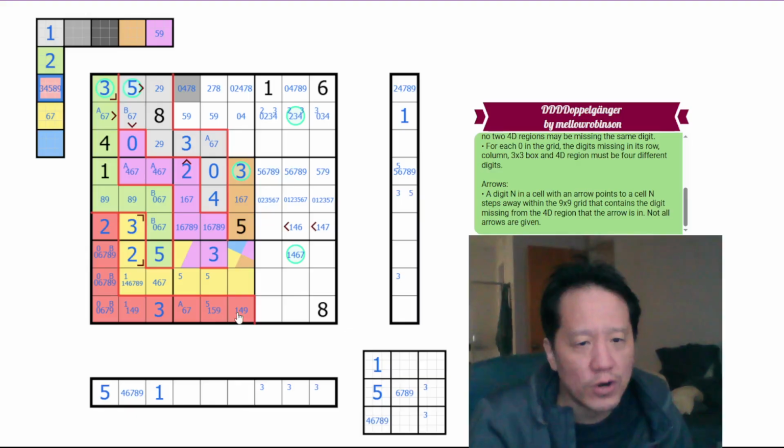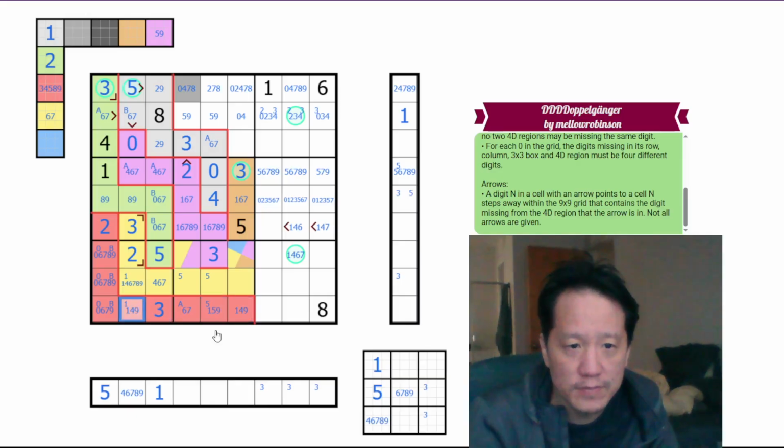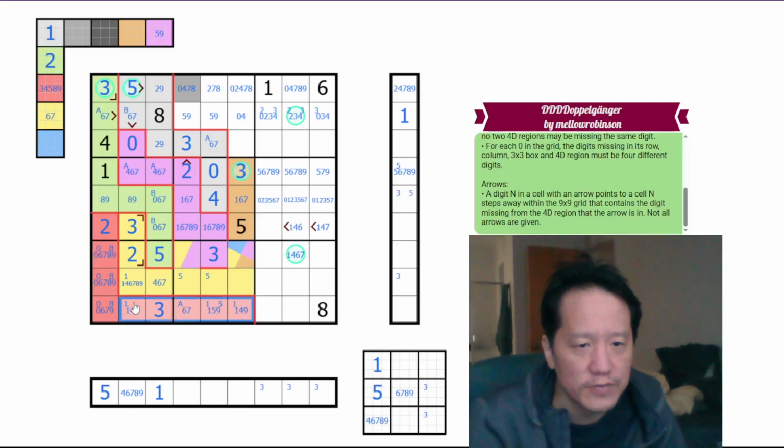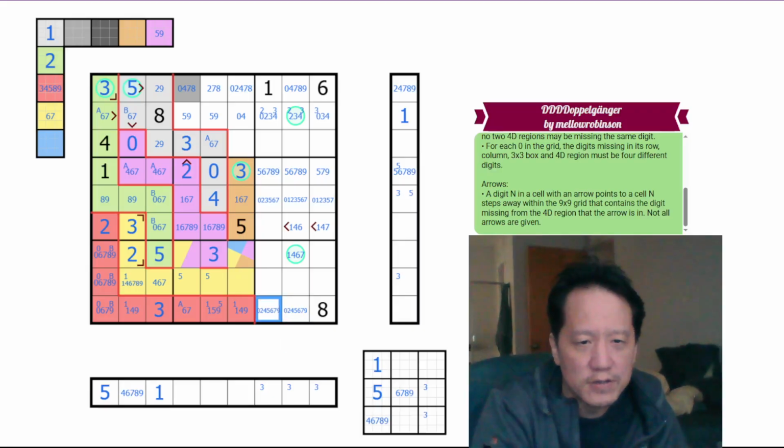We have to have 1. So one of these 3 in the red region is a 1. Okay, yeah. So this has to have a 1 in one of these cells. So this cannot be 1 here. Therefore, it could be 0, 2, 4, 5, 6, 7, 9. That's pretty broad.